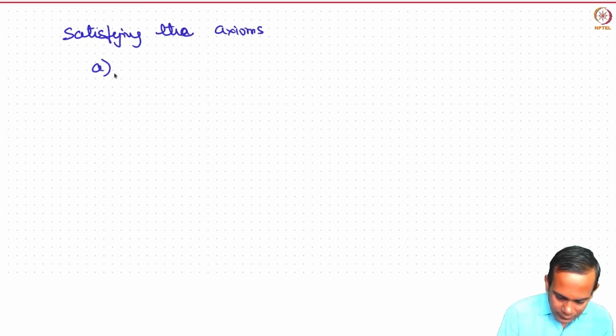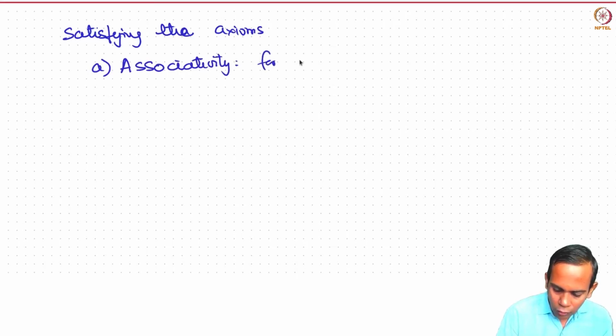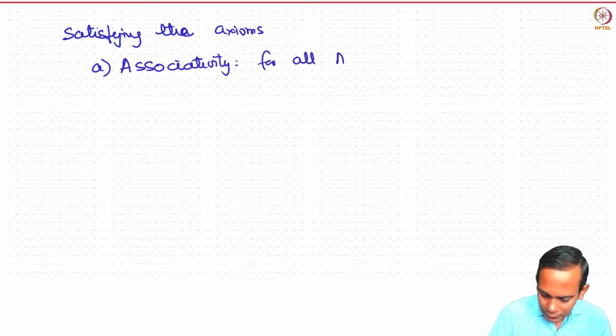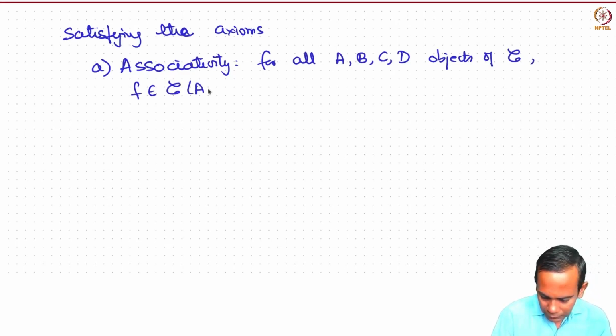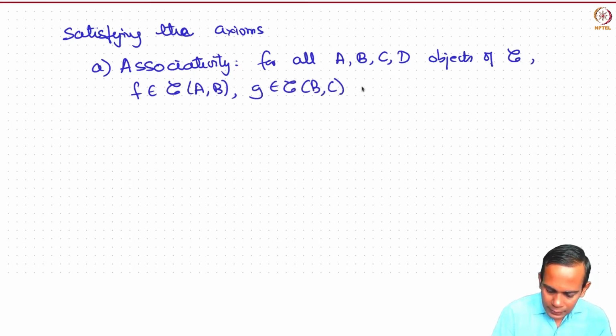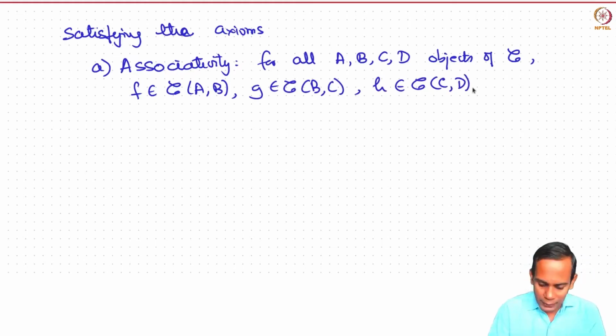So the first axiom is associativity. For all objects A, B, C and D, F an arrow from A to B, G an arrow from B to C, and H an arrow from C to D. You can compose these three in two different ways.